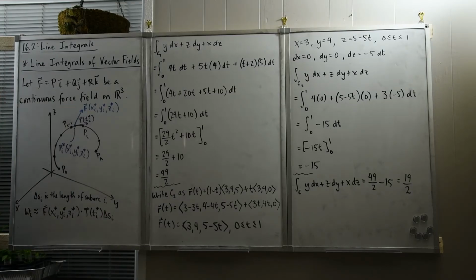Now, you could also think of this T of Ti star as T of Xi star, comma Yi star, comma Zi star. And if you were to sum this sort of thing as i ranges from 1 to n, then you would get an estimate for the amount of work it takes in moving the particle from P sub 0 all the way to P sub n.